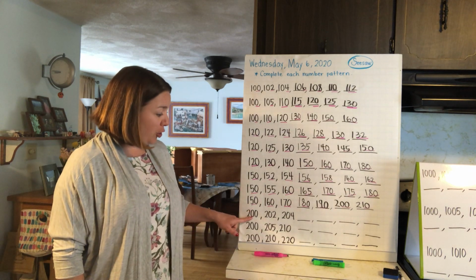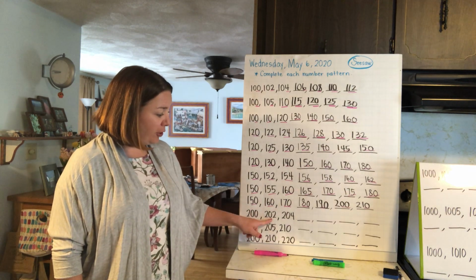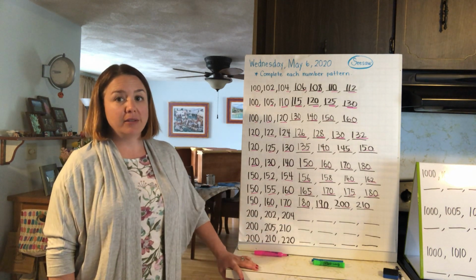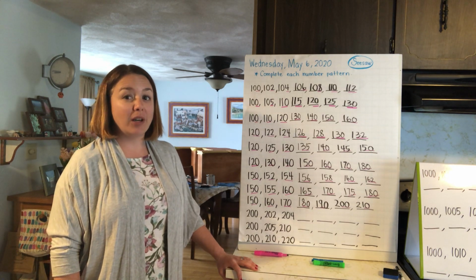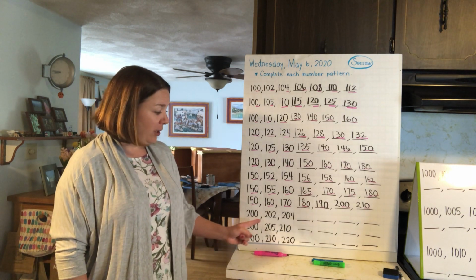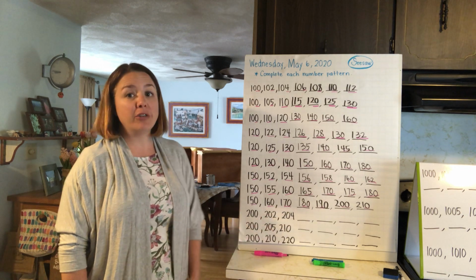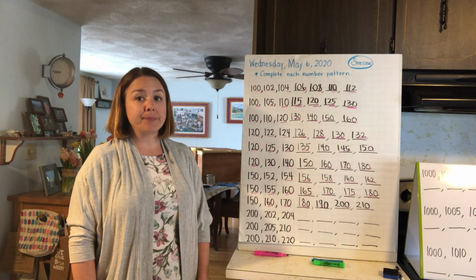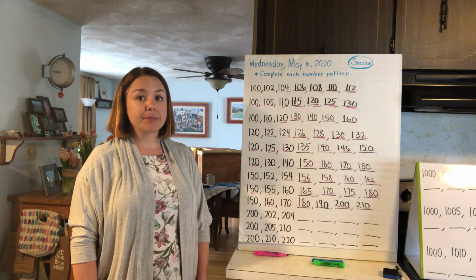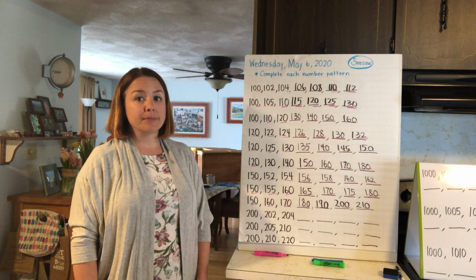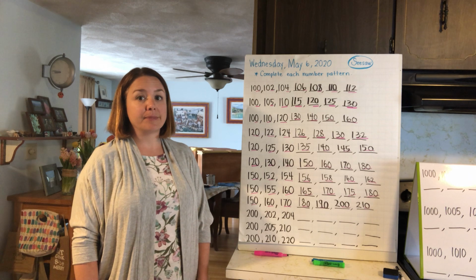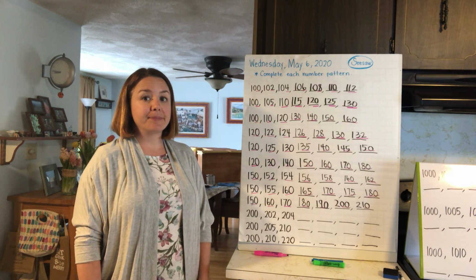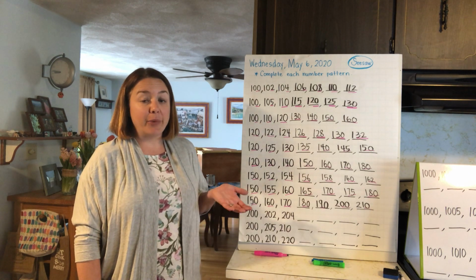Next pattern, 200, 202, 204. And then write the next four numbers. You're right, we're counting by twos.